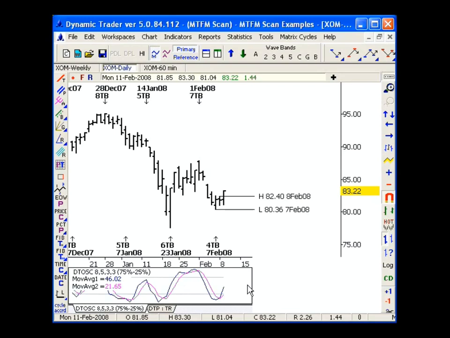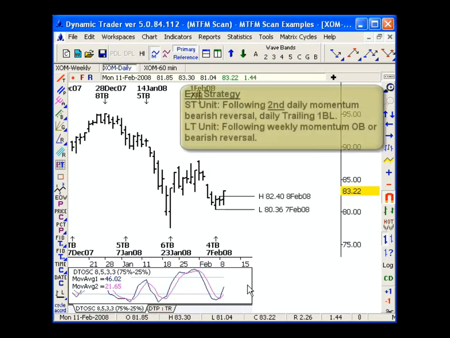And then we're only going to look to exit the second unit, the longer term unit, once the higher time frame weekly momentum becomes overbought. So not a specific strategy yet. We want to see on the second unit at least what the pattern of market structure is on the way up, up to the point where the higher time frame weekly momentum is either overbought or makes a bearish reversal, if it makes a bearish reversal before it gets overbought.